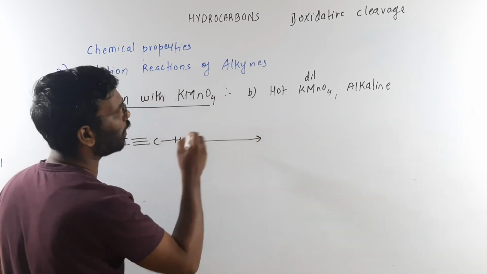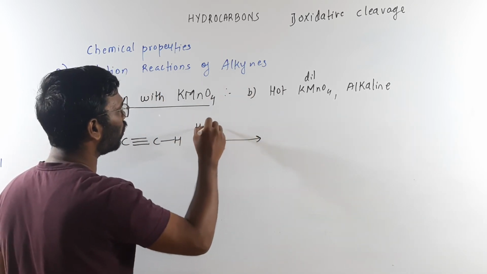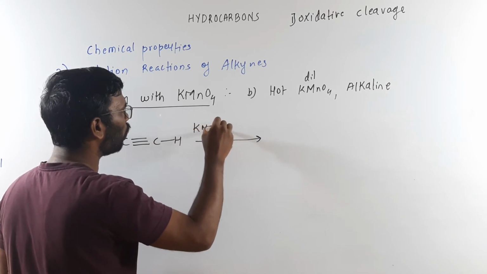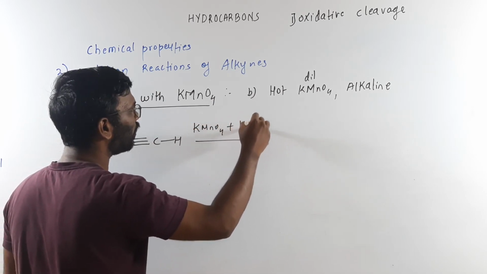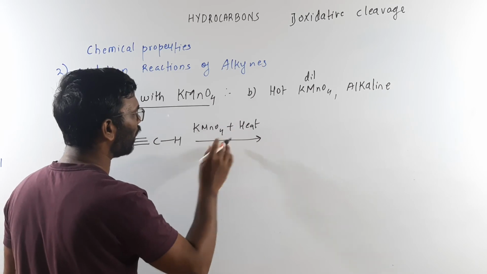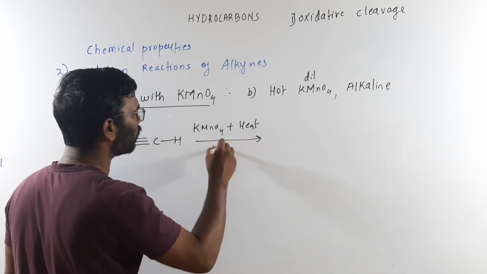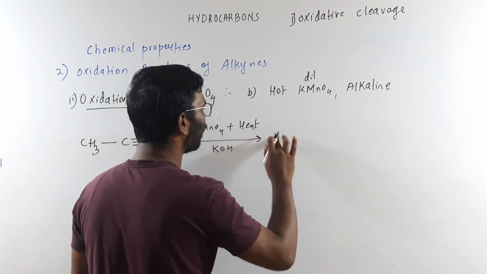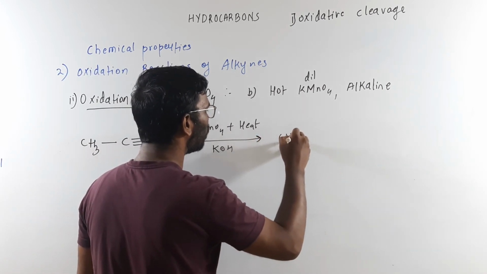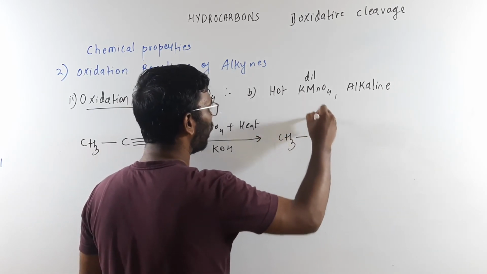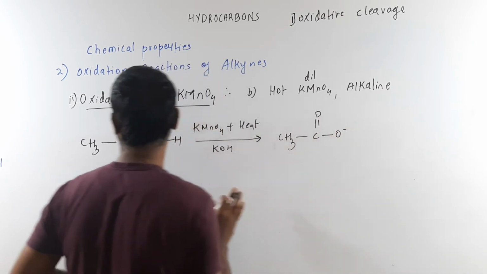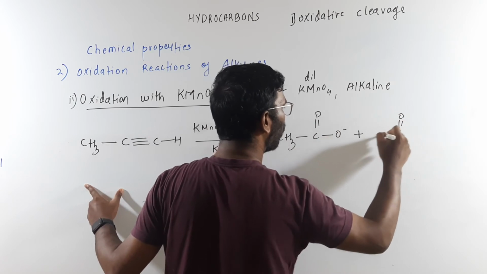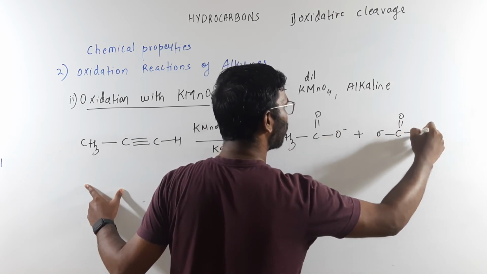You put the reagent KMnO4 plus heat, and the medium is alkaline, that is potassium hydroxide. Going directly to the final step, CH3 C double bond O, O minus will be formed over here, and on the other side C double bond O, O minus and the H.